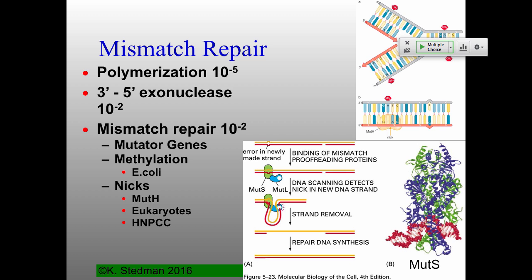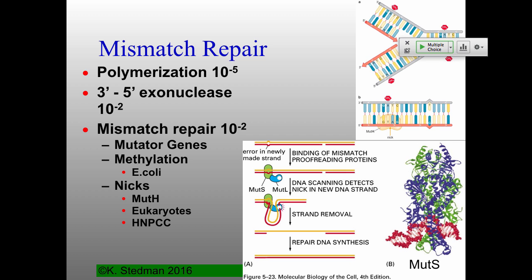It recognizes the structure of the wrong base, then, together with the mut L protein, it will cut out a piece of DNA down here that will then get remade and hopefully not put in the wrong base when this happens. So this is great, it's wonderful, but there's a big problem.